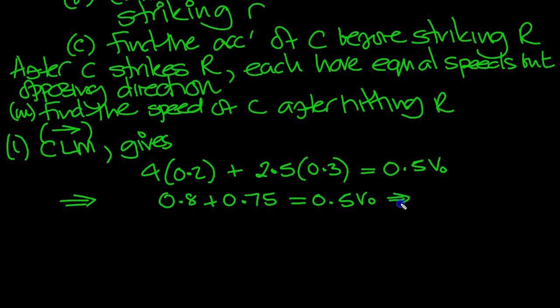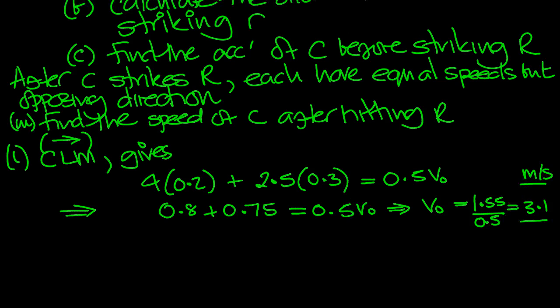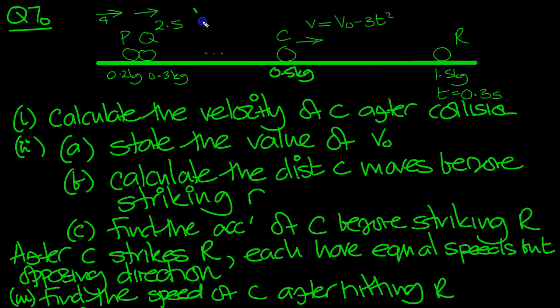So that tells us then that v0 is equal to 1.55 over 0.5. So double-checking, this is 3.1 meters per second. So there's the initial speed of C. So v0 is equal to 3.1 meters per second going forwards.